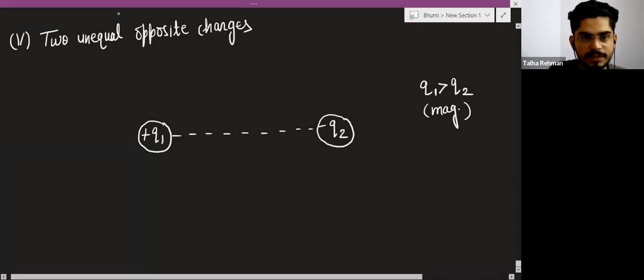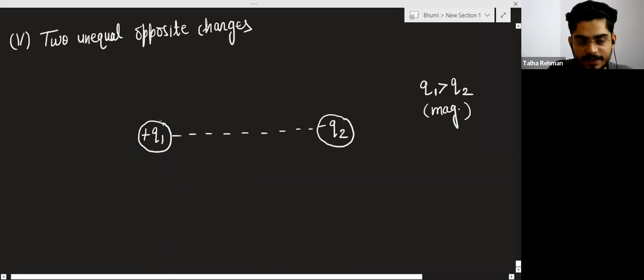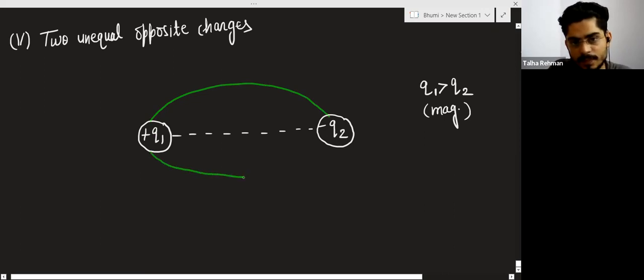So you will see the electric field lines. We know that the electric field line emerges from the positive charge and terminates at the negative charge, like this. Emerging from positive charge, terminating at negative charge.